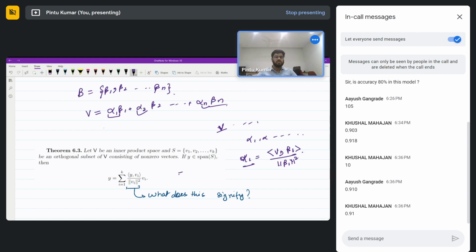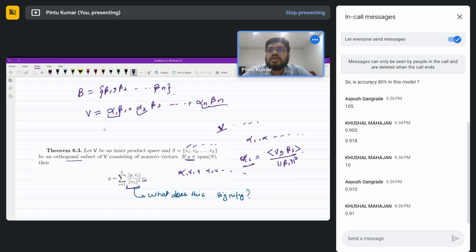This is what is written in this theorem. Let's say v1, v2, vn is an orthogonal subset of V. Because it is orthogonal, it is automatically linearly independent, and if you want to write y as alpha 1 v1 plus alpha 2 v2 and so on, then this can be done in this way.